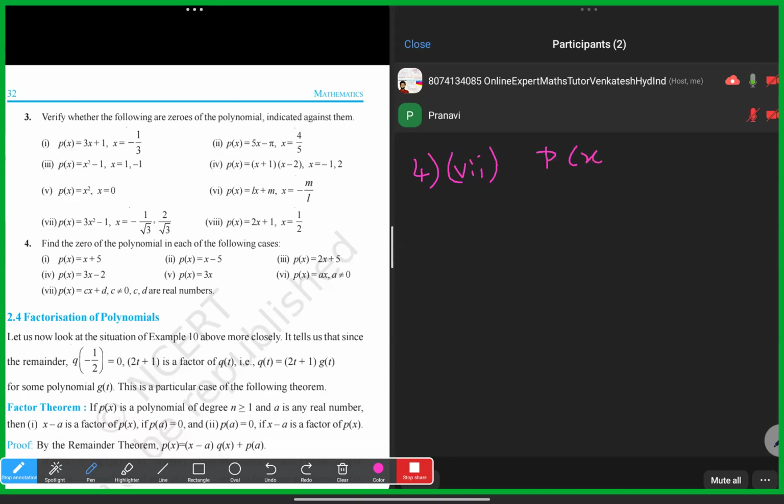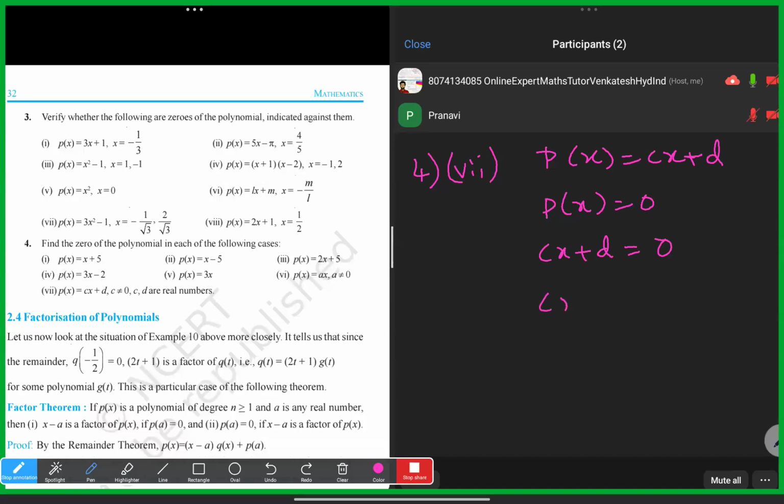So p of x is equal to cx plus d. Equating p of x to 0, that means cx plus d is equal to 0. Here c and d are not equal to 0. Why c not equal to 0? Because if c is 0, this cannot become a linear polynomial. Yes, sir. Okay.